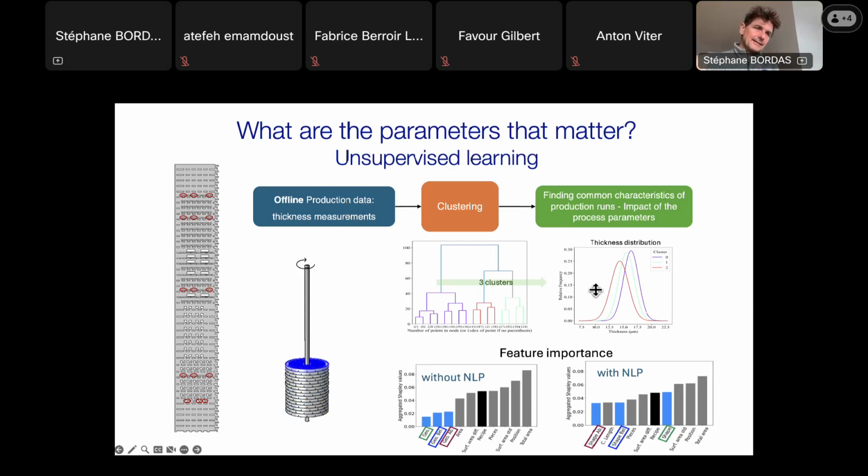You see that you get certain features that were unimportant, so certain parameters on the left that were unimportant, but now that you use the natural language processing and all the data about the categorical variables or parameters, then suddenly you see that certain unimportant parameters became important, and that others that were more important became less important, like the last one, total area, for example. And so that gives you a lot of information that you can then use in order to optimize your process. So this is really the key point here.